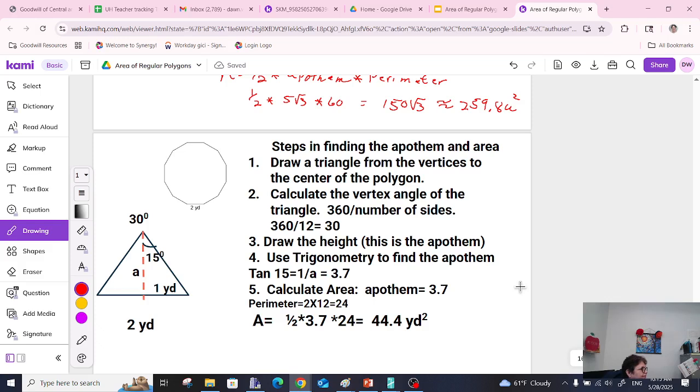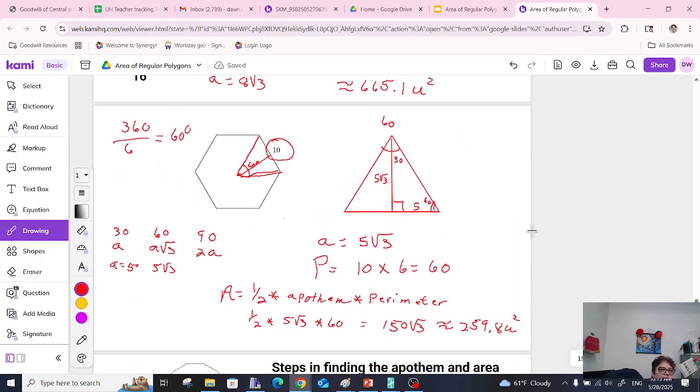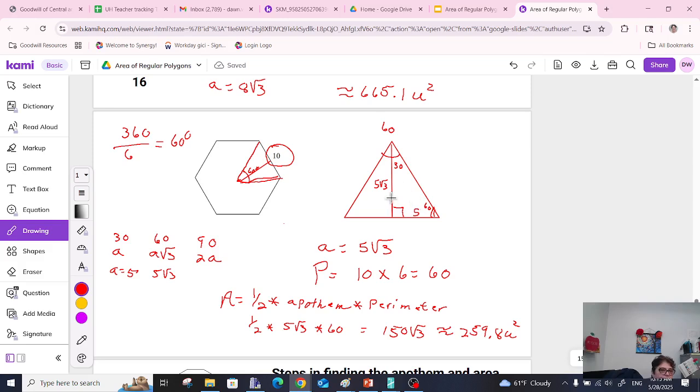Go ahead. How to get 5 square root 3? It was the special triangles we learned before. And so if across from the 30 is 5, a is 5.